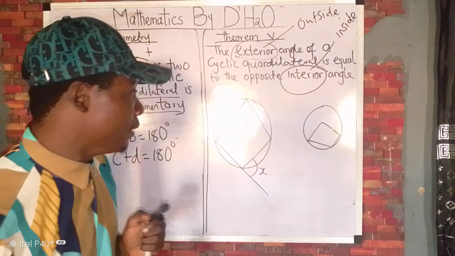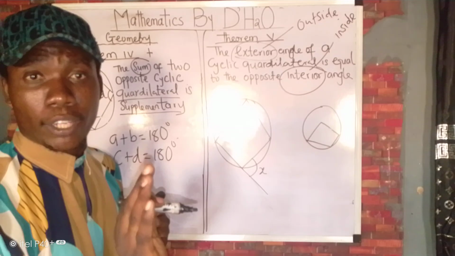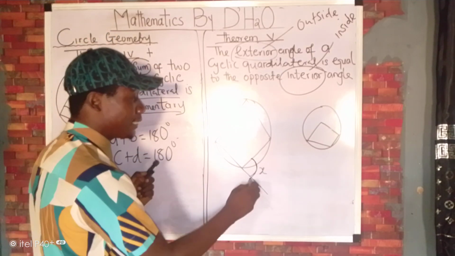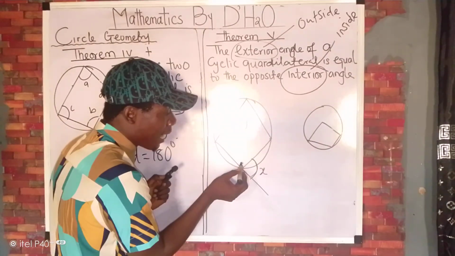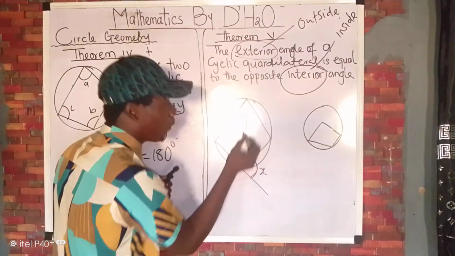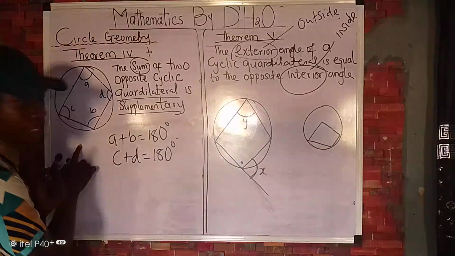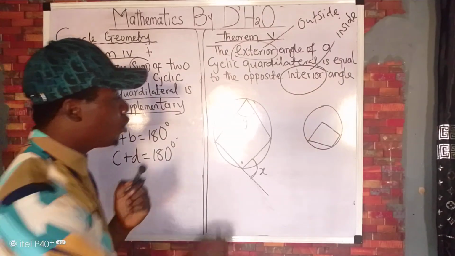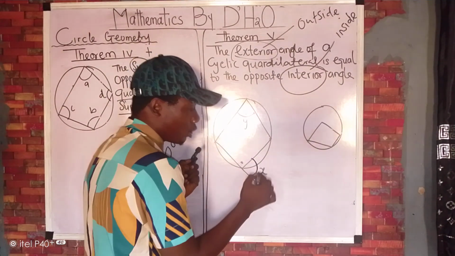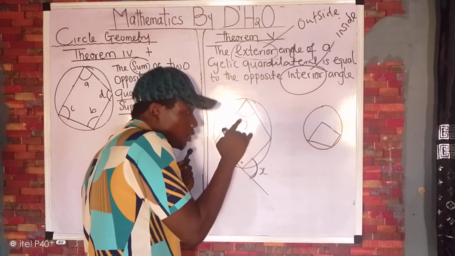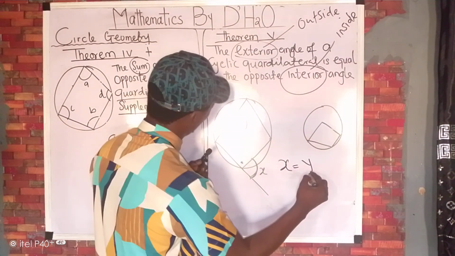This must be noted. Now, this one is inside. It's called the interior angle. This one is outside. It's called the exterior angle. Remember that if I have an angle here and this one, they would have summed up together to give us 180, like this theorem. Then I said that the angle that would have summed up with this to give you 180, the exterior angle of that particular angle is equal to the opposite interior, which will make us have x equals y.